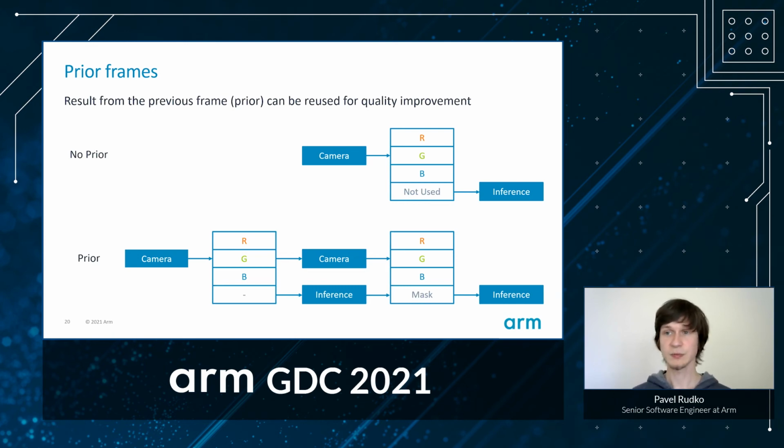This can help to make the neural network inference produce more precise results, and it also improves stability, because in this case we consider the previous results as well. In this case, we also need to train the neural network accordingly, because we need to have sequences of frames in the dataset.